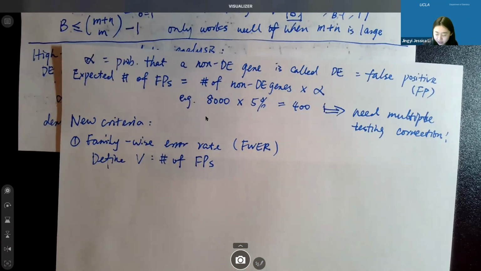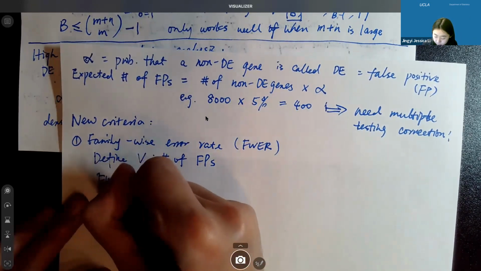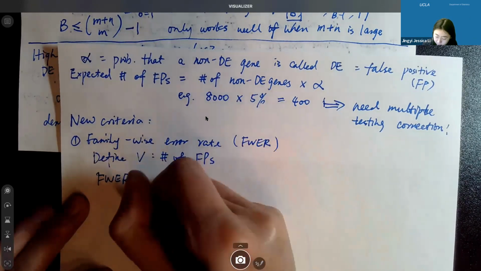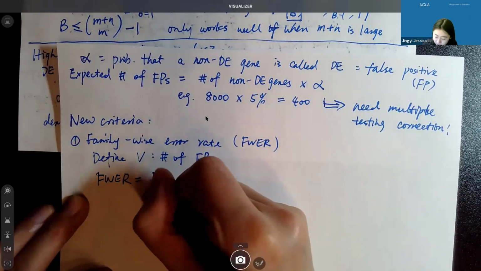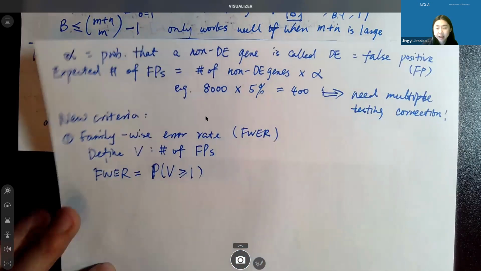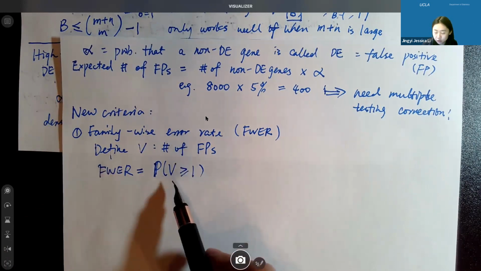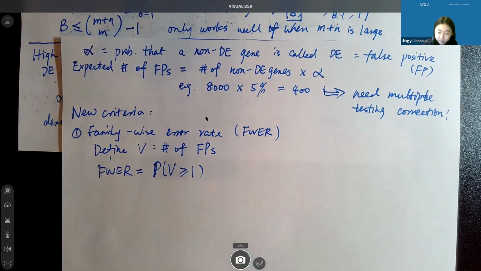So in this case, the family-wise error rate is defined as the probability that this V is greater or equal than 1. That means what's the chance that we have at least one false positive? So no matter V being 1 or 2 or 100, they are all counted towards this probability.